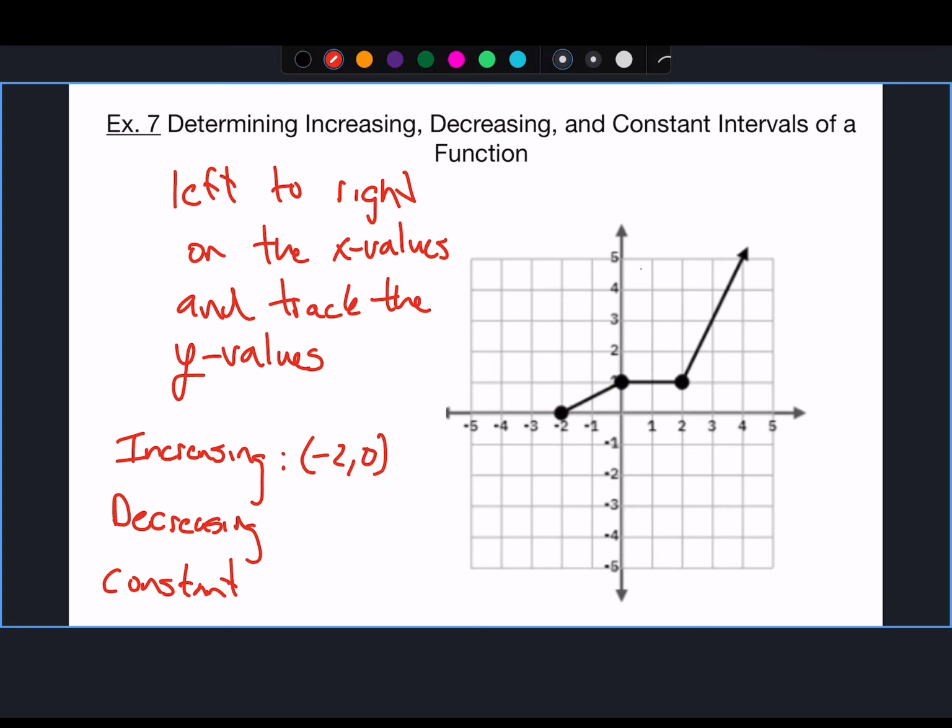And we always use parentheses for this, no matter what, whether it's included or not. Okay, so I've gone to this point. So I'm going to jump on my graph right here at 0. What does it do from 0 to 2? It's constant from 0 to 2.